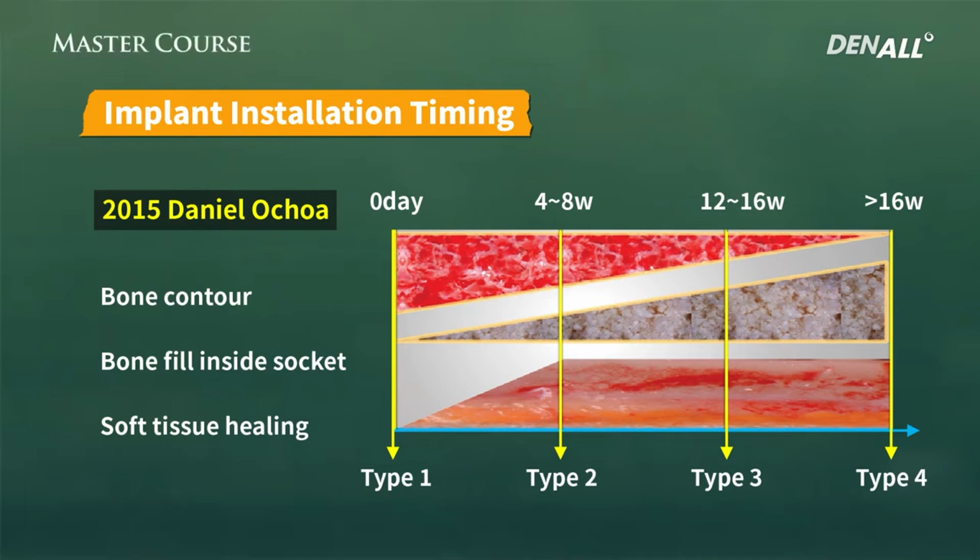Soft tissue, up until a certain point, continues to heal, and at 2 months, soft tissue healing is complete and the form continues to be maintained. You need to understand the healing very well, and it will be very useful in placing your implant. I'm going to talk more on this by showing you the different cases in the next lecture.